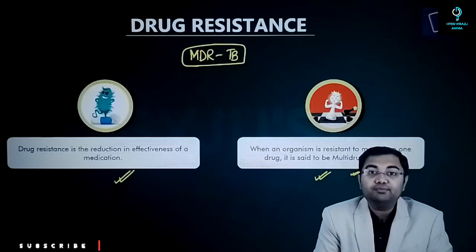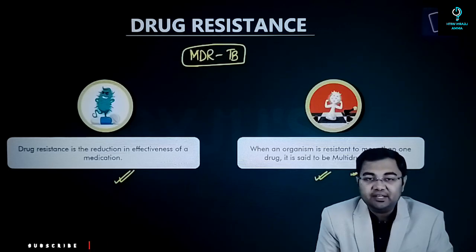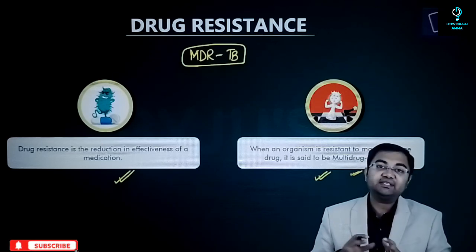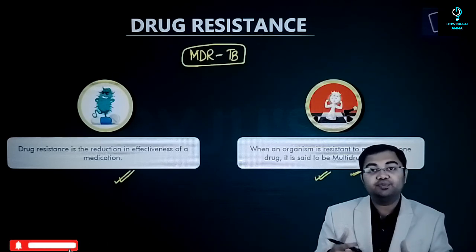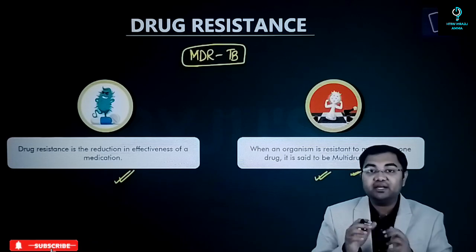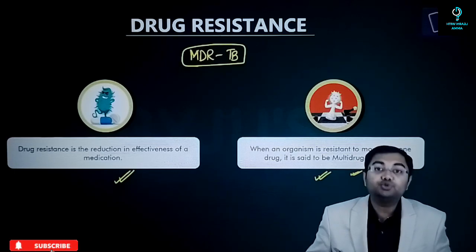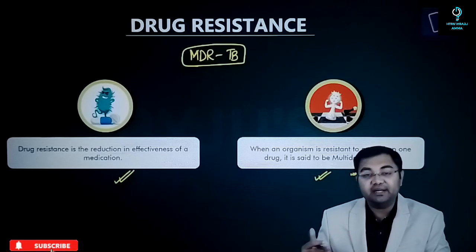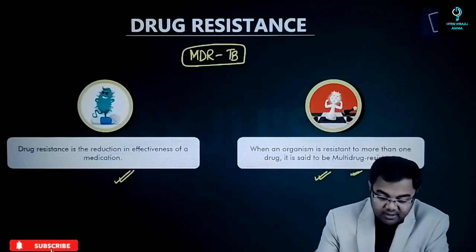That is the scenario which we called MDR-TB. So there are cases where a pathogen starts to become resistant towards multiple different medications that used to work against them. This is the condition where we say that it has become a multiple drug resistant variant.